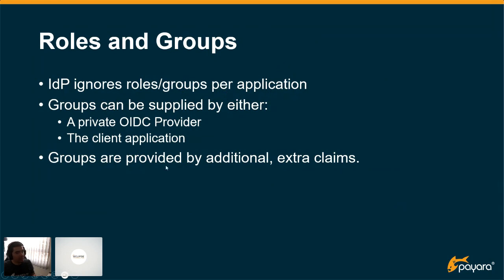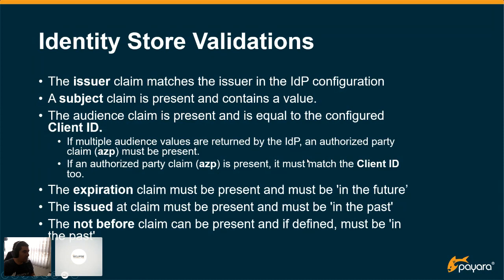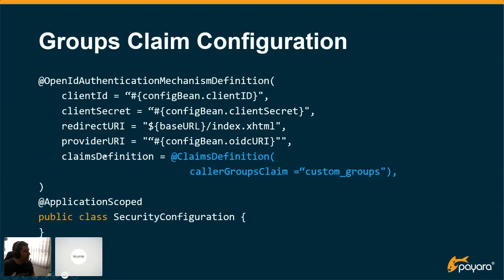So the OpenID authentication mechanism allows you to configure how groups are stated by the provider using additional extra claims. And this is done with the claims definition attribute, which points to a claims definition annotation that will tell it: when you retrieve the token from the provider, there will be a claim in there.